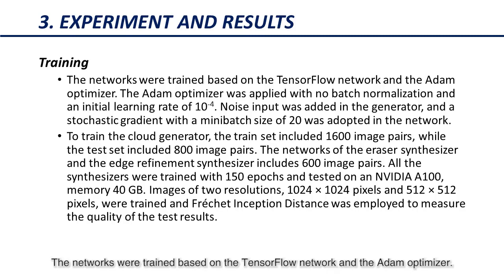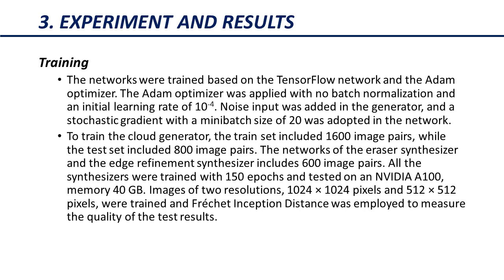The networks were trained based on the TensorFlow framework and the Adam optimizer. The Adam optimizer was applied with no batch normalization and an initial learning rate of 10^-4. Noise input was added in the generator, and a stochastic gradient with a mini-batch size of 20 was adopted in the network.